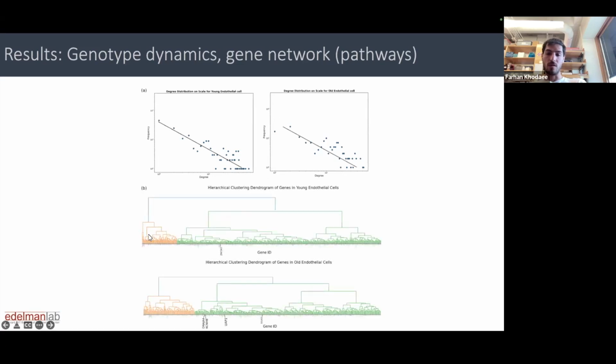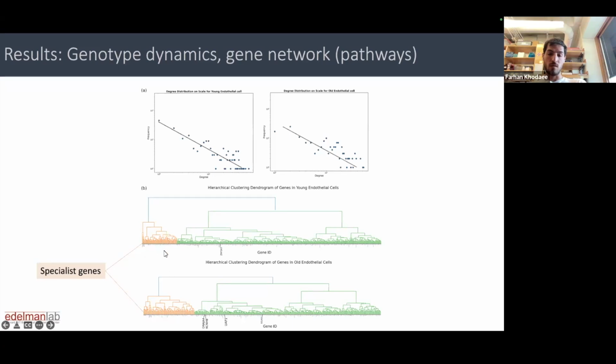I can label them; I call them specialist genes. These are genes that are specifically important for endothelial cell function, let's say adhesion molecules, and the ones that are activated during coagulation and immune related genes. You can see these are the young endothelial and these are the old endothelial cells.